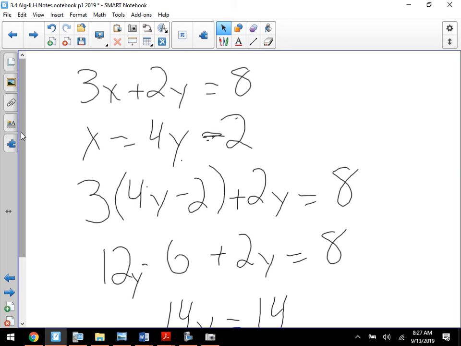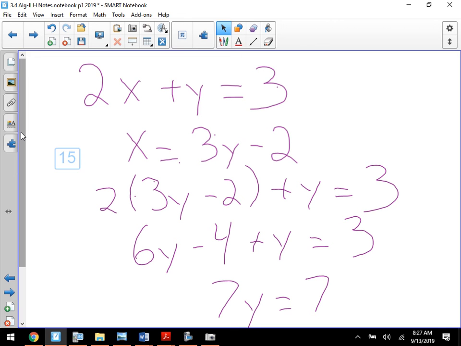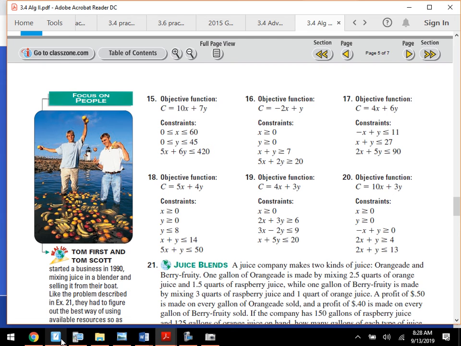I moved the y over, and I substituted x into here. And I got y was 1. And then I threw 1 back into here, 3 times 1 minus 2. So it was another one of the system problems, but in this case I just used substitution. So it can get messy. Just slow it down, slow it down.